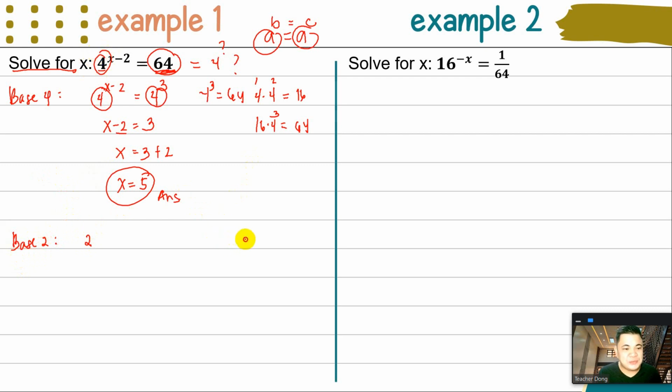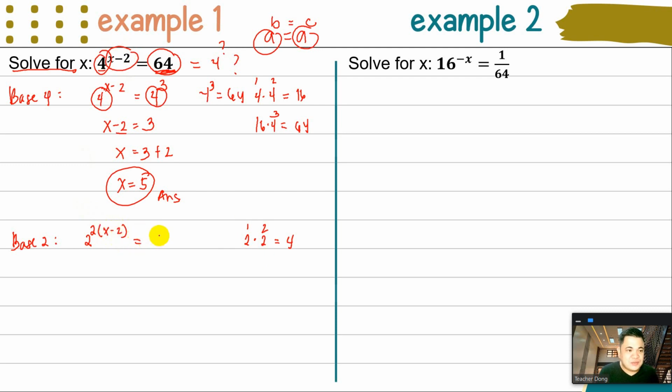Of course, we have to multiply the factors of 2 to get 4. How many times will you multiply 2 to itself to get 4? Twice. So 2 times 2 equals 4. So we have 2 squared times the original exponent. The operation is multiplication, x minus 2.